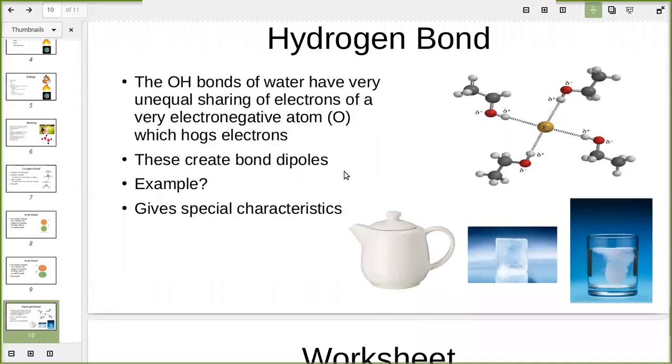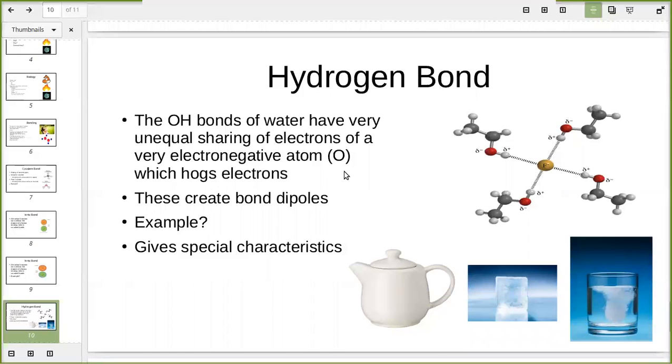And can anybody tell me of a substance that does a lot of hydrogen bonding? Water, right? So water over here. It's the most classical example of a substance with hydrogen bonds. And this hydrogen bonding gives it a number of unusual characteristics that you wouldn't see in similar liquids.